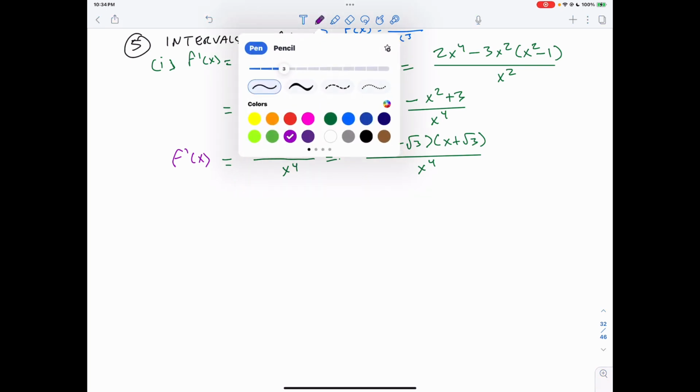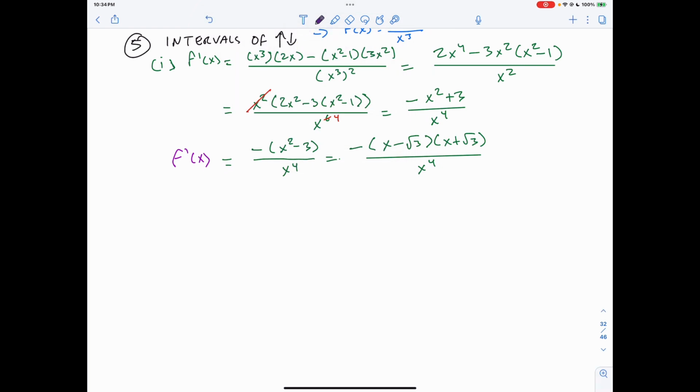My critical number from the numerator is going to be x is equal to positive or negative root 3.